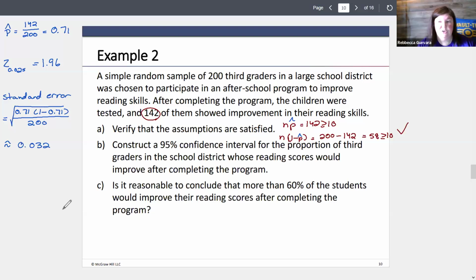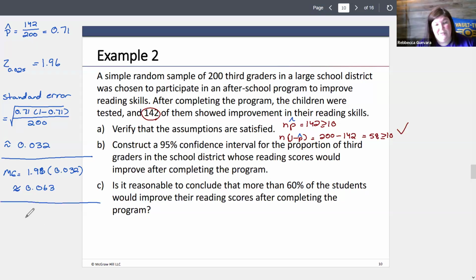Okay, so to make that confidence interval, let's first find the margin of error. The margin of error is going to be the z-score, 1.96, times the standard error of 0.032. So that margin of error is going to be 0.063 if we round it the way we've been rounding.